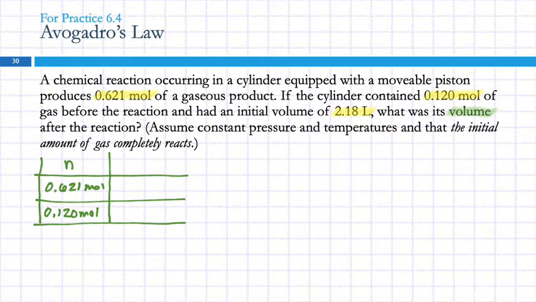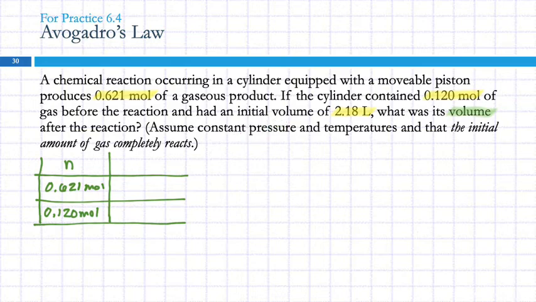Now, it's important to connect that volume with the correct amount of moles. So we do have to look at some words here. This is producing this much, so that's at the end, right? And here it contained this much before, so that's first, right? And an initial volume, so that's also first.